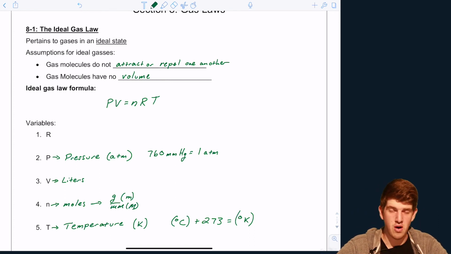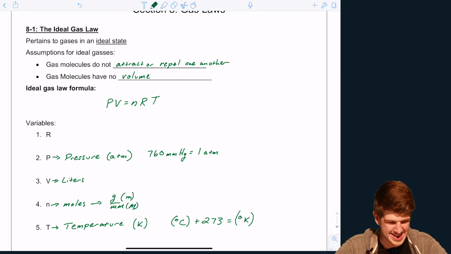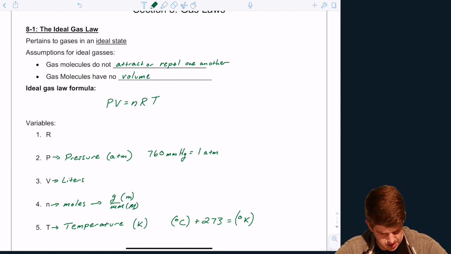Now, why did I leave R last? So R is just the universal gas constant, and a lot of people get kind of mixed up between whether this gas constant is 8.314 or 0.0821. Let's talk about the one that you'll most likely see first, 0.0821.